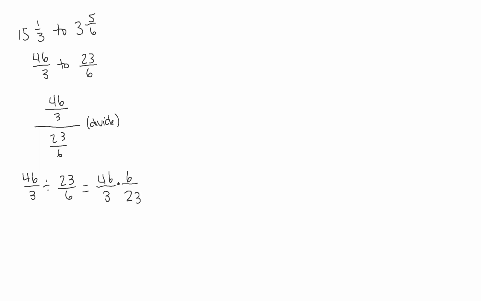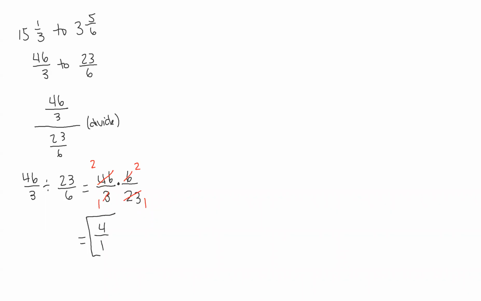And then we simplify. 3 and 6 have a 3 in common. So 3 into itself is 1, into 6 is 2. 23 and 46 have a 23 in common. So 23 goes into itself once, into 46 twice. We simplify. 2 times 2 is 4. 1 times 1 is 1.